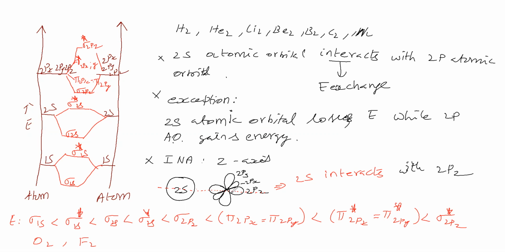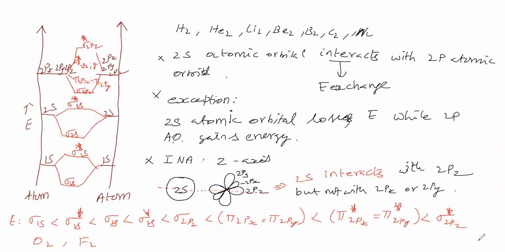That one is the 2pz atomic orbital, along the internuclear axis, so 2s interacts with 2pz, but not with 2px or 2py.